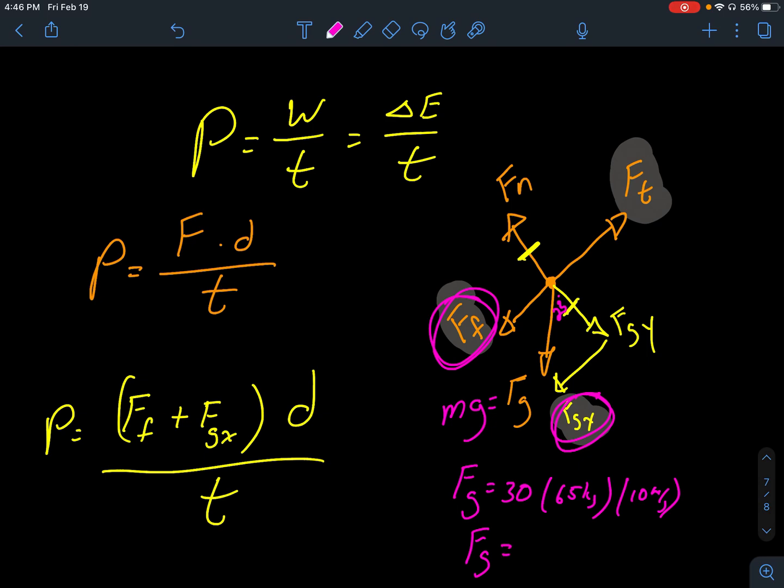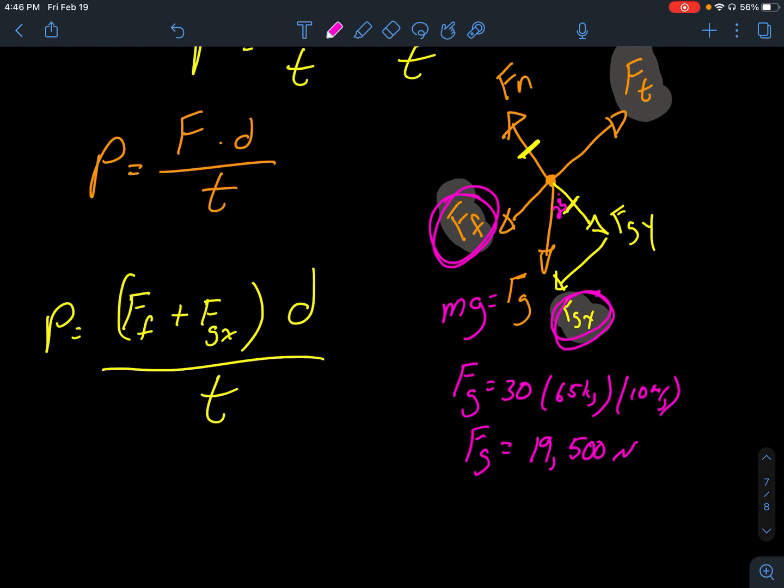And I got my force due to gravity being about 19,500 newtons. So that's the weight that we're pulling up this hill.